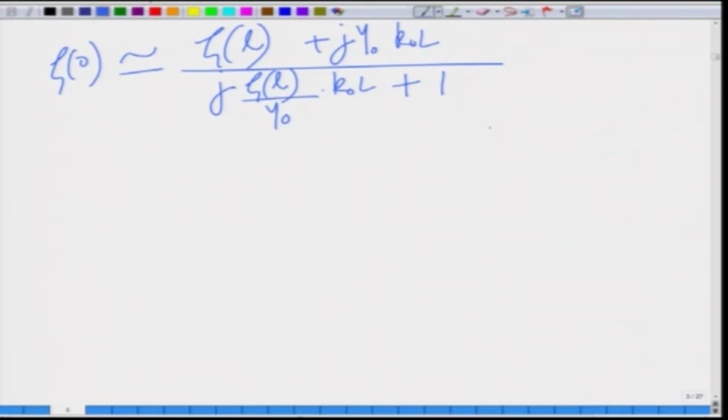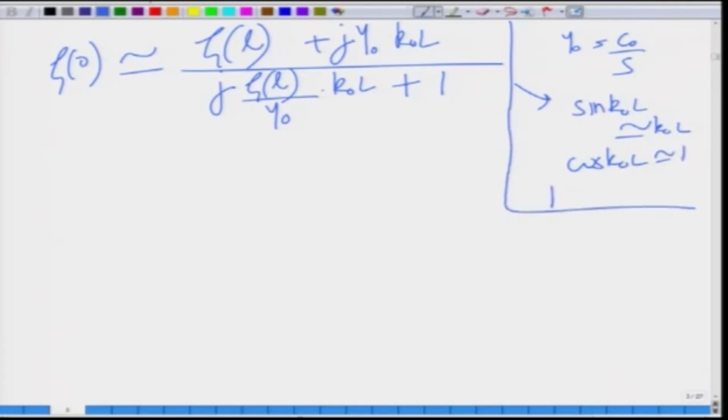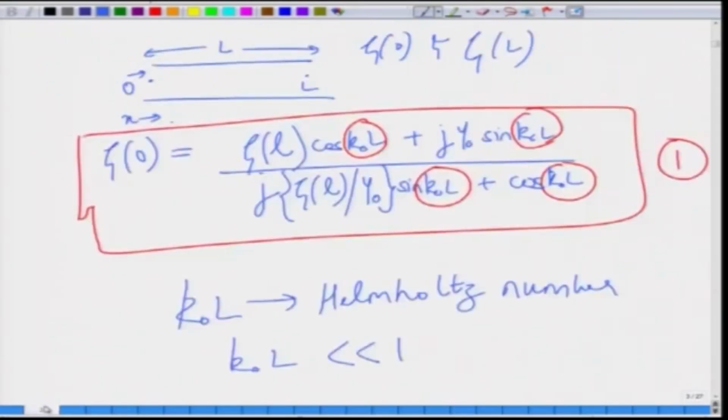So, let us make some approximations, obviously with the understanding that y naught is C naught by S. Sine of k naught L is approximately equal to k naught L, and cos of k naught L is approximately equal to 1, because k naught L is much less than 1, or it is basically a very low frequency approximation as we are discussing here.